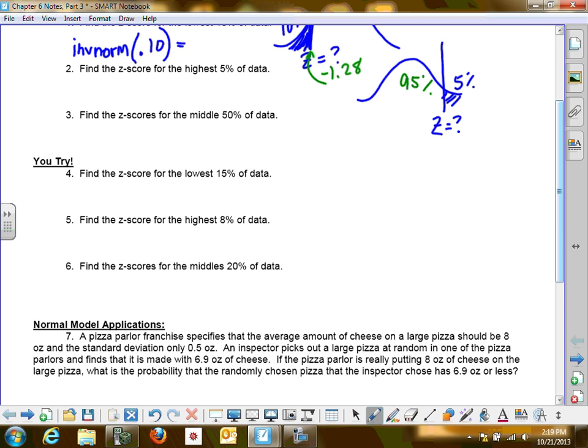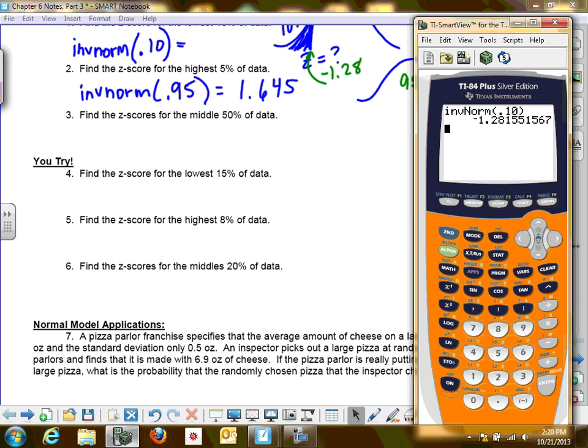So what you're actually putting in is inverse norm of 0.95, and that's how you get your positive 1.645. So, second bars, inverse norm of 0.95 is how you get 1.645.